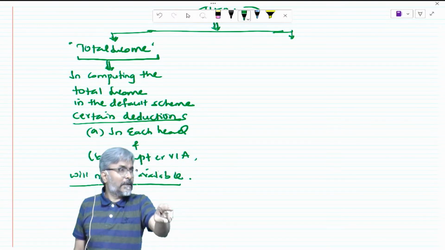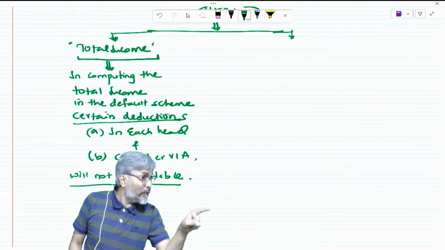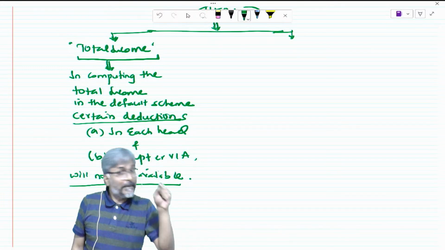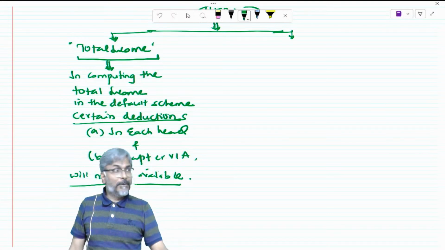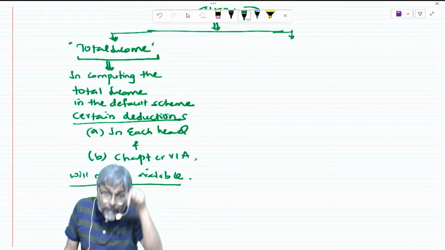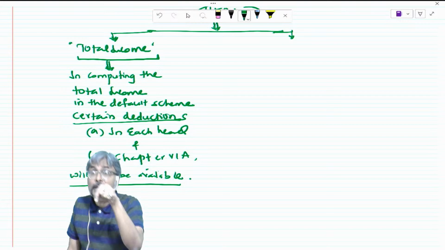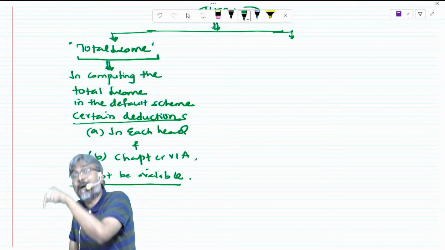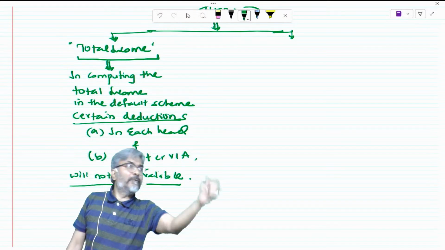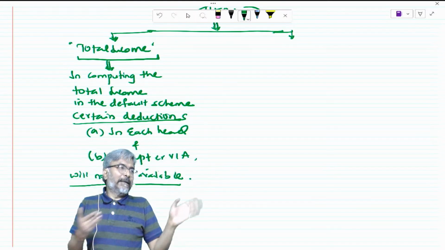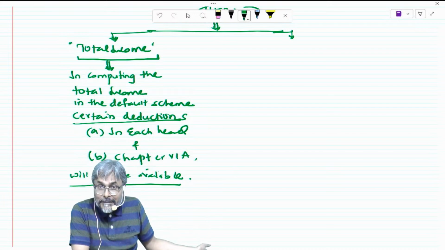In every head of income that we are going to do, I'm going to remind you at that point of time, this is a deduction. You learnt it? Yes, you learnt it. You felt good? You felt good. But be careful. In the default scheme, for the individual, HUF, AOP, BOI, artificial juridical person, this deduction will not be available. You will say, sir, in that case, why are we learning the deduction?